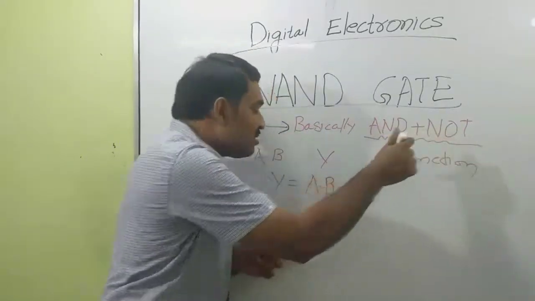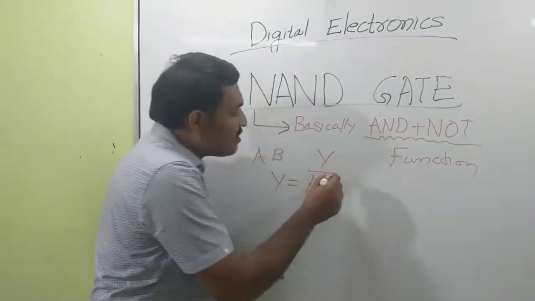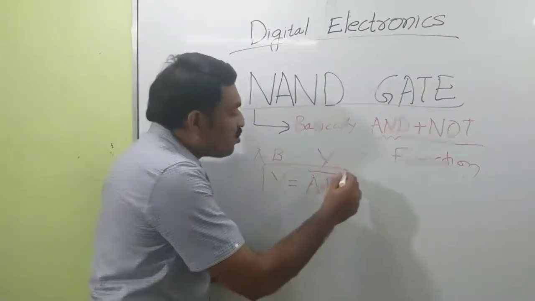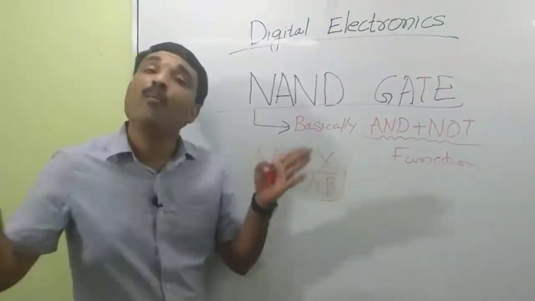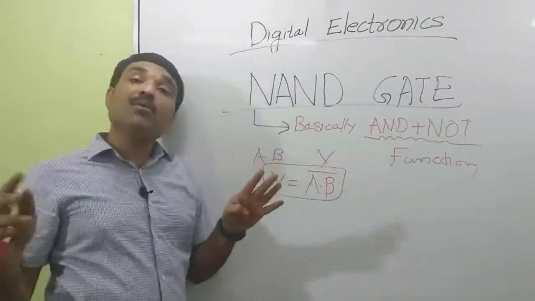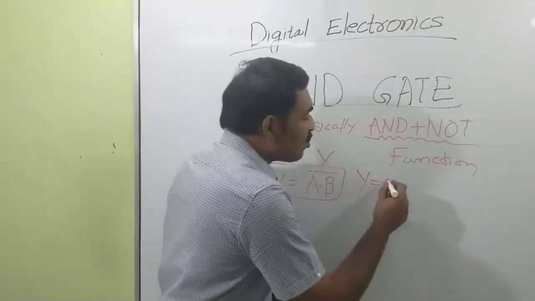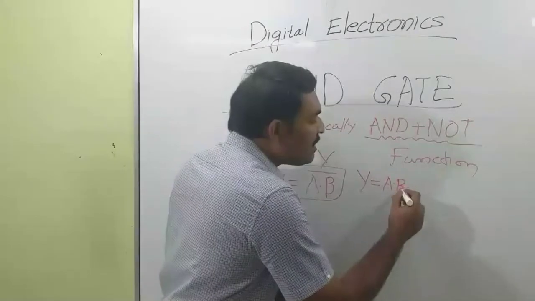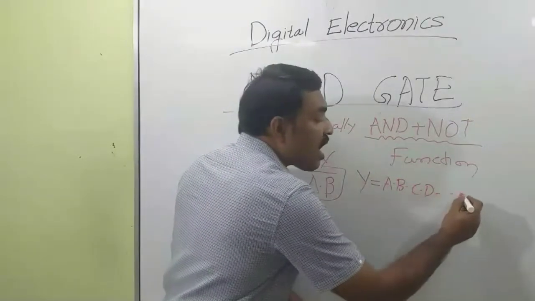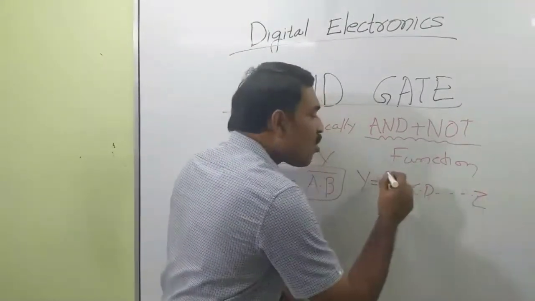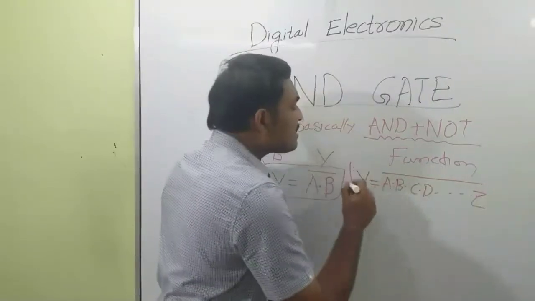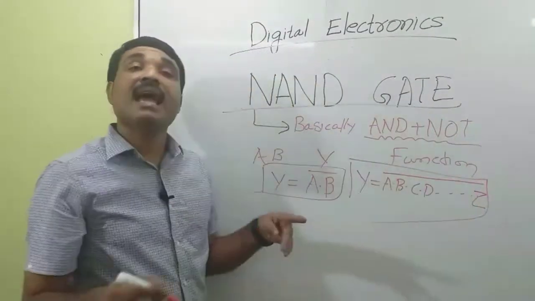Then NOT, so we complement A dot B. So the operation is Y is equal to A dot B, complement. Suppose we have more inputs, then we can represent it as Y is equal to A dot B dot C dot D up to some set, the whole complement. This is the operation performed by a NAND gate.